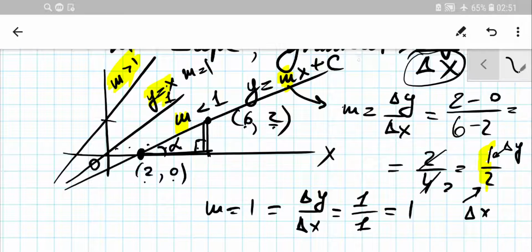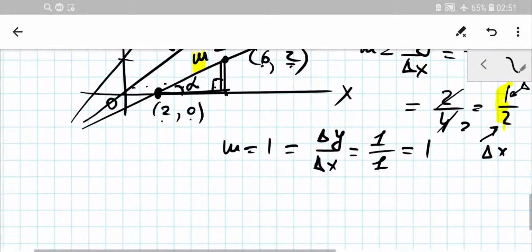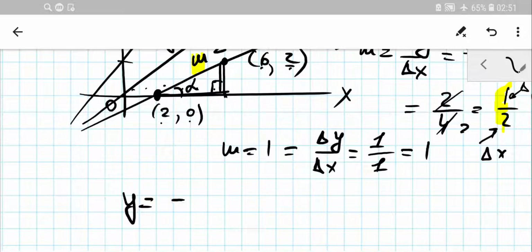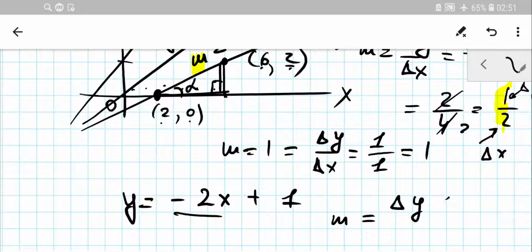All right. But sometimes you might see in examples, or you can imagine, that the equation might look like minus 2x, let's say plus 1, all right? So what can you say about negative gradients? A negative gradient tells you that the change in y should be negative when the change in x is positive.